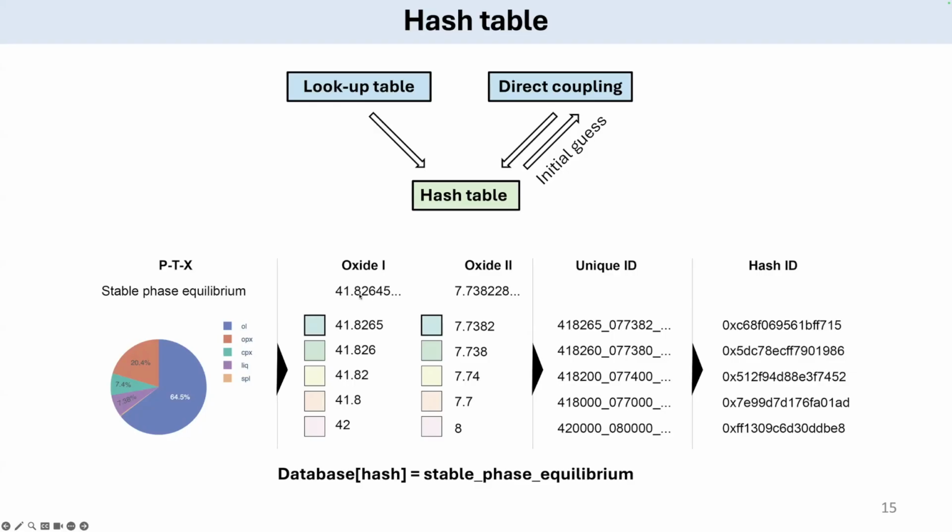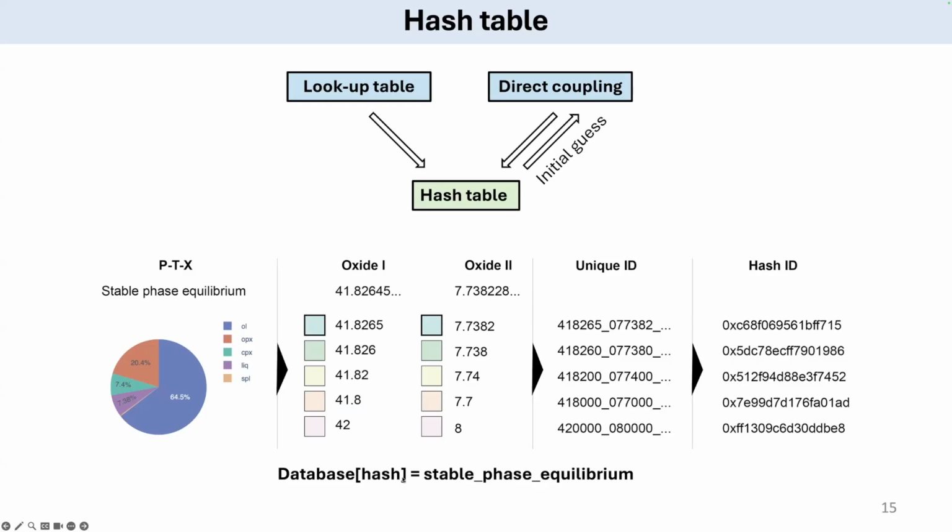What you can do is round those numbers to a certain level of accuracy, and from this, you can generate a unique ID that you can turn into a hash. Then you create a database of hashes that is basically like a tailored lookup table. And every time you have a bulk rock composition together with a pressure and temperature that are very close to an existing entry of the hash, it will round to the same ID, and you can pick up that pre-computed equilibrium directly from the hash.